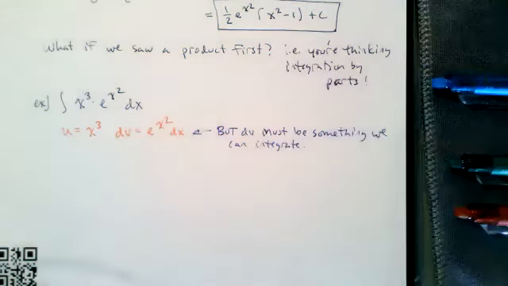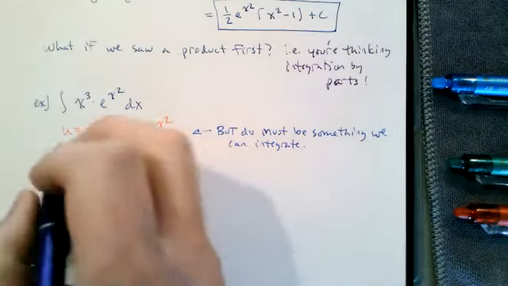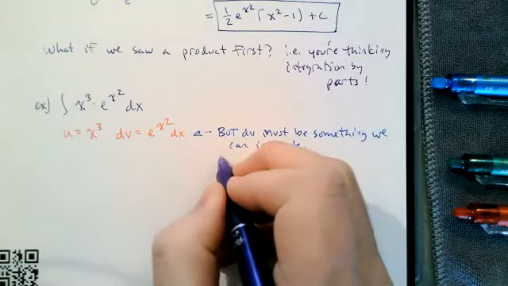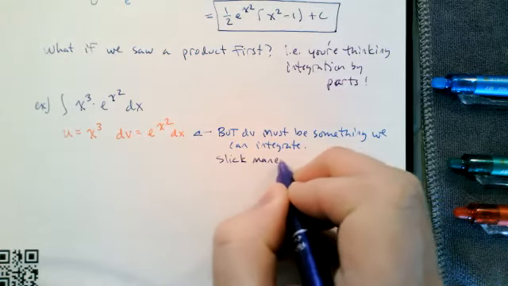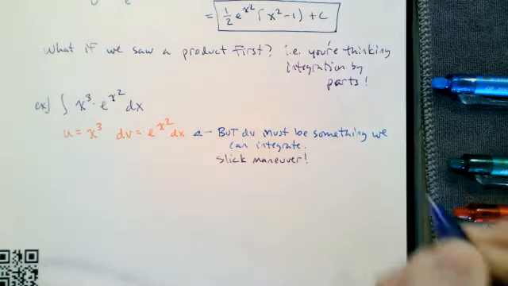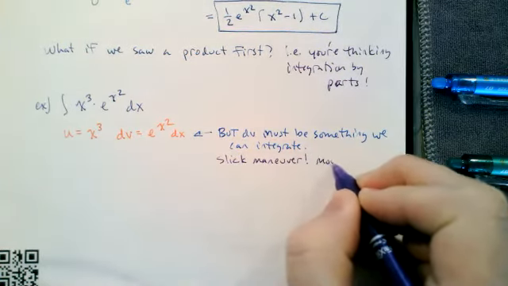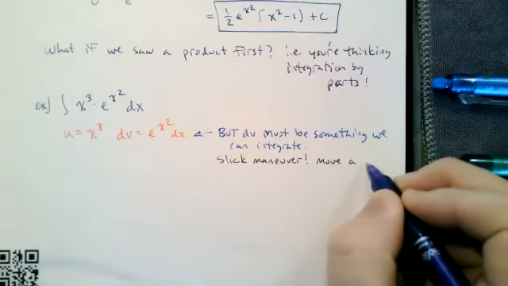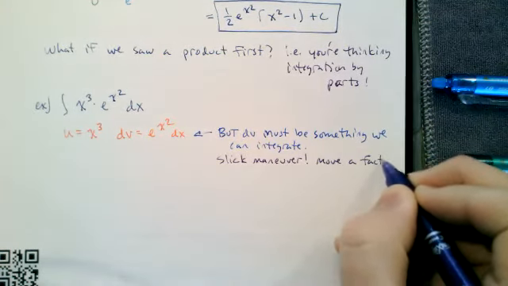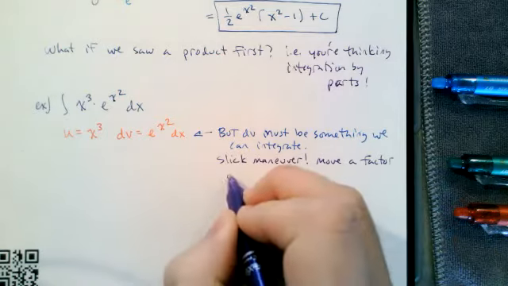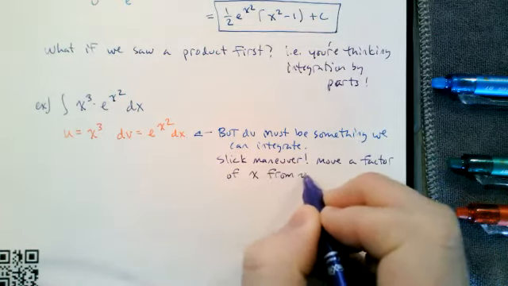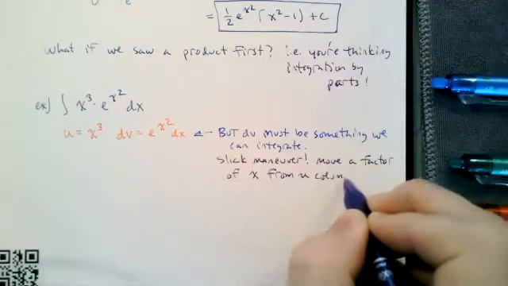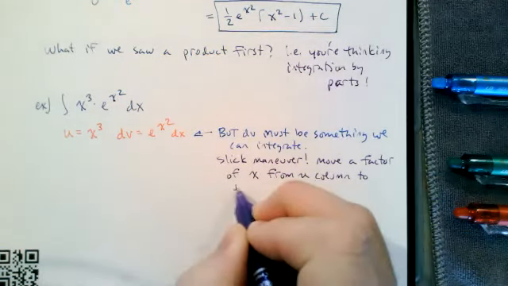So what we're going to do is move a factor of x from the u column to the dv column.